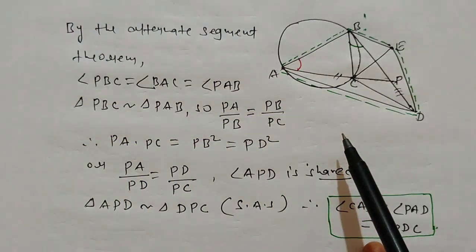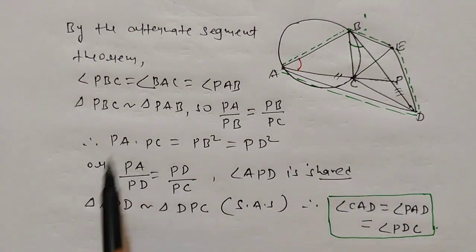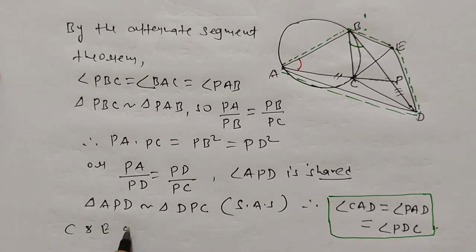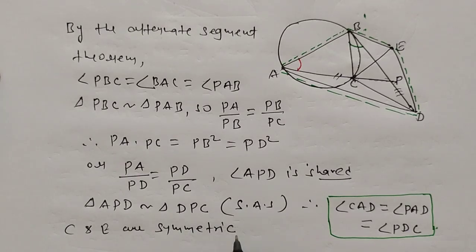So here we can use this as C and E are symmetric in the line BP.